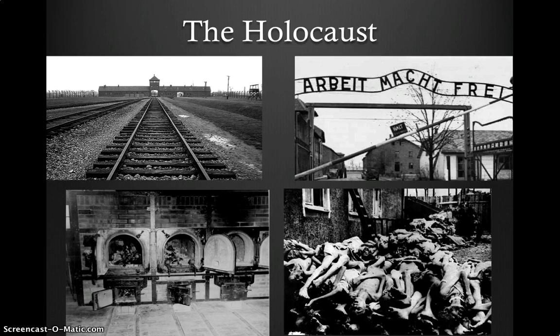Below that, upon liberation, you see piles and piles of corpses of emaciated prisoners that were found by the Allies as they liberated the camps in 1945. And then in the lower left corner, you see ovens of the crematoria.